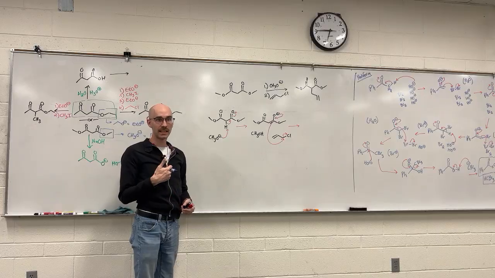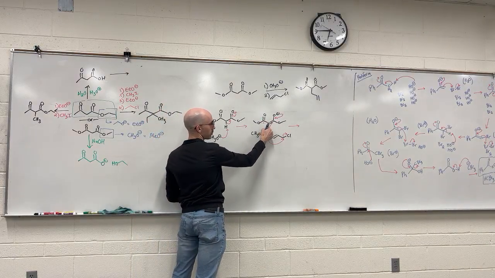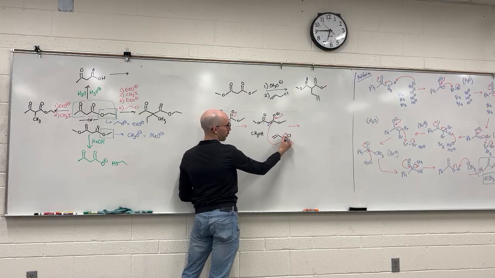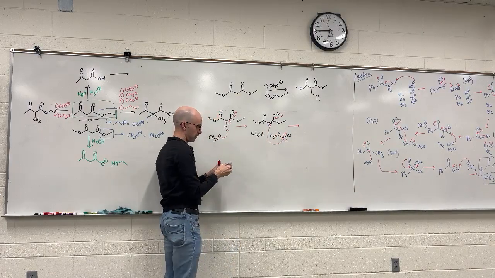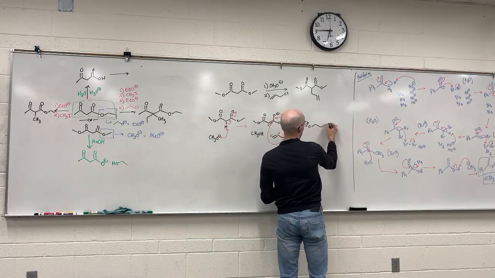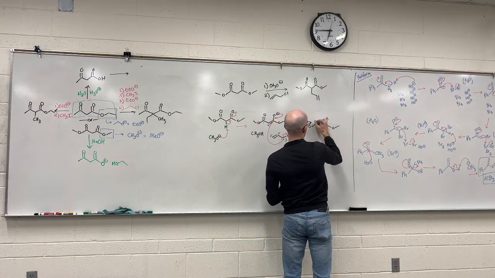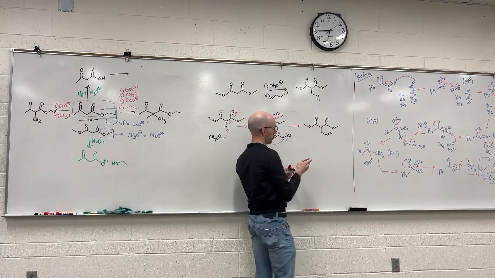So remember, I like to count through my nucleophilic attacks. Carbon 2 attacks carbon 3, and then I've got 3, 4, 5. So when I draw my final product, carbon 1, 2, 2 attacks 3, 3, 4, 5.